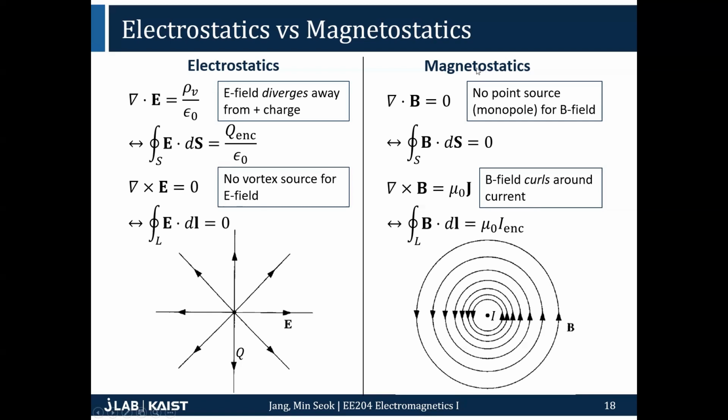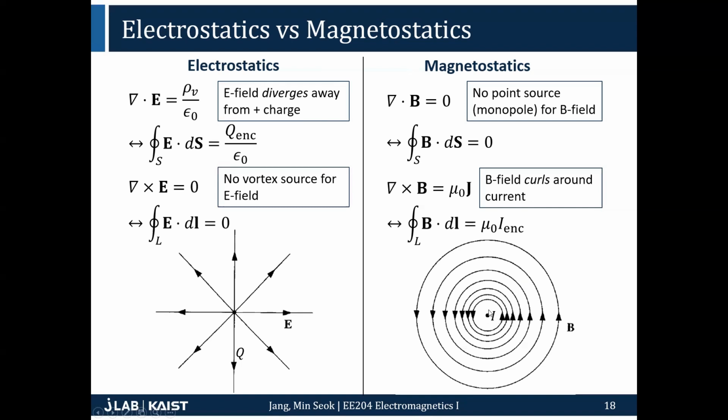And on the other hand, for the magnetic field, divergence of B is 0, and curl of B is the current density. So unlike the electric field, the magnetic field doesn't have any point source, but it's created in a rotating manner from around a current, right?